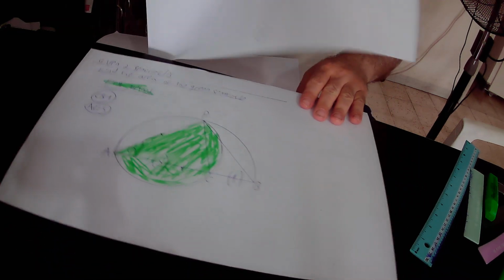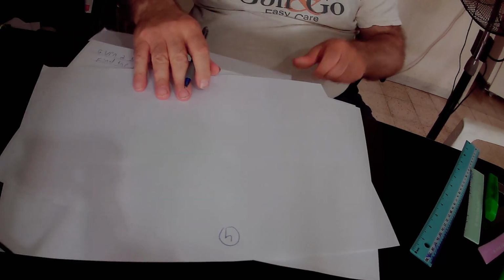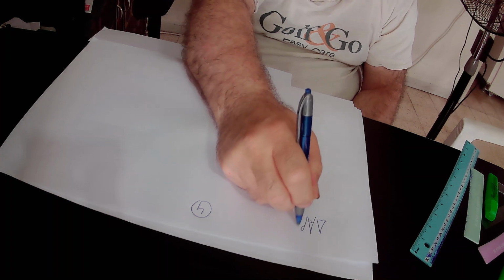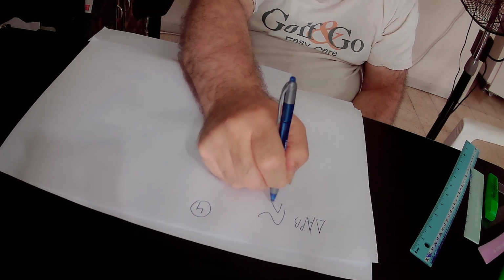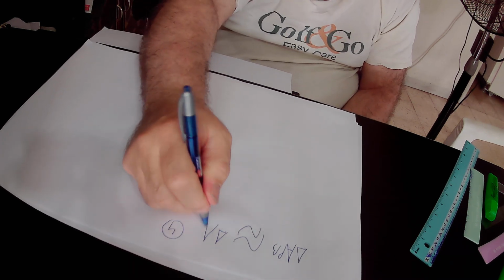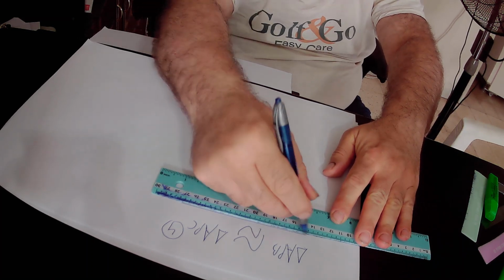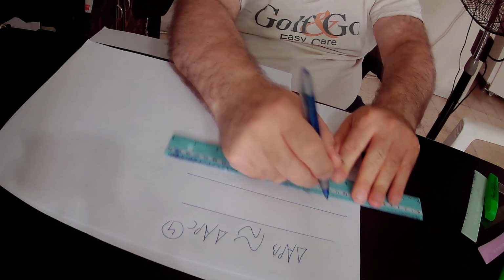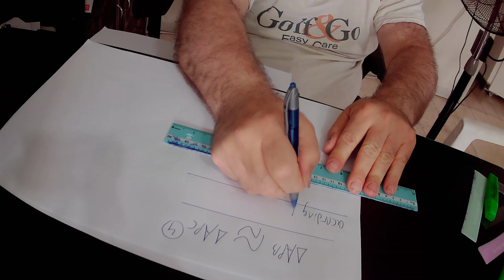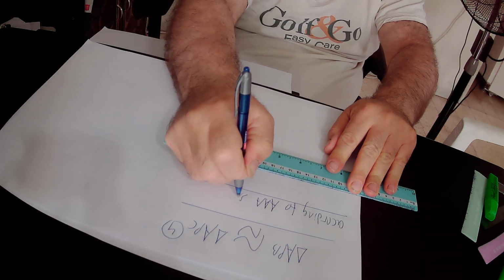So I can prove that the right triangle APB is similar, this is the sign of similar, to the green triangle APC, according to the angle similarity rule.